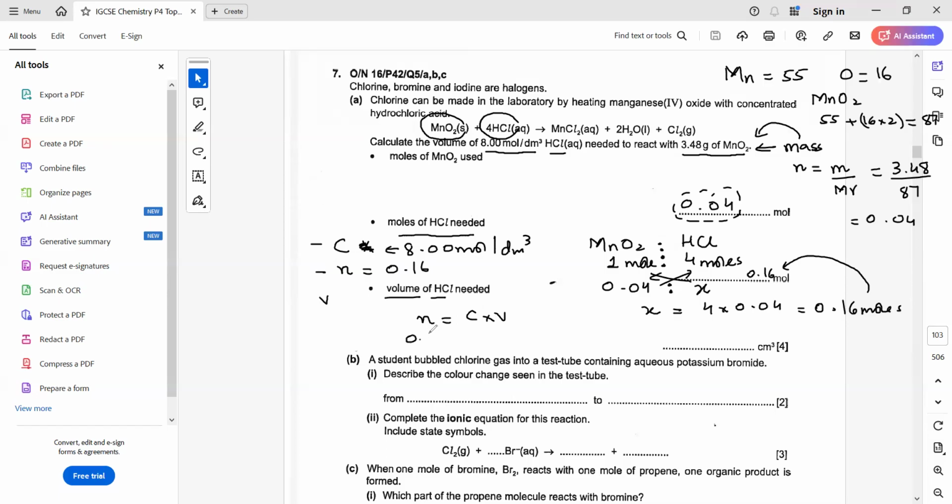So n is 0.16, C is 8, and V is unknown. So let's figure out V. That would be 0.16 divided by 8. That's 0.02 liters. But the answer they require us to give is in cubic centimeters. So what do we do? We have to multiply it with 1000. 0.02 times 1000 becomes 20.